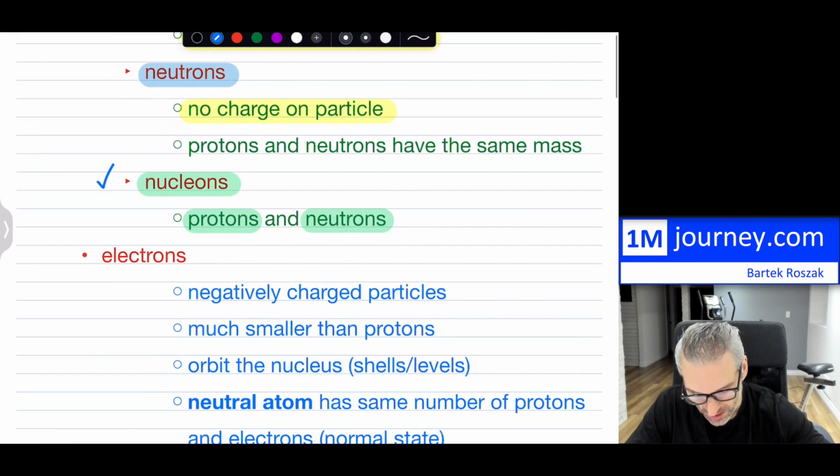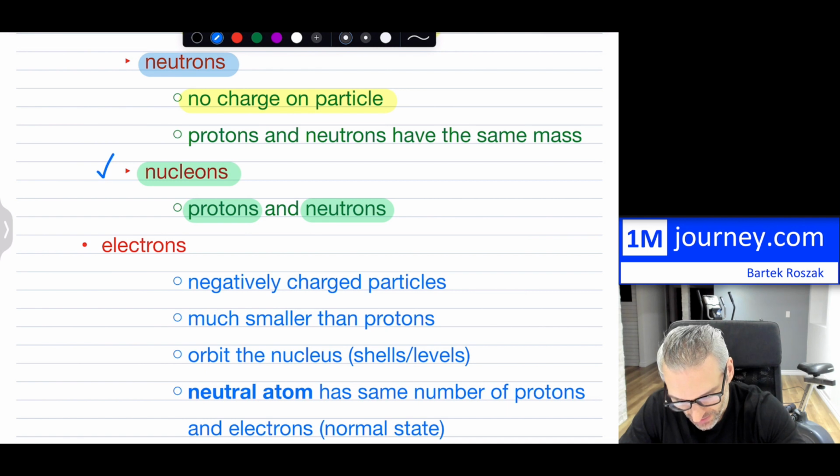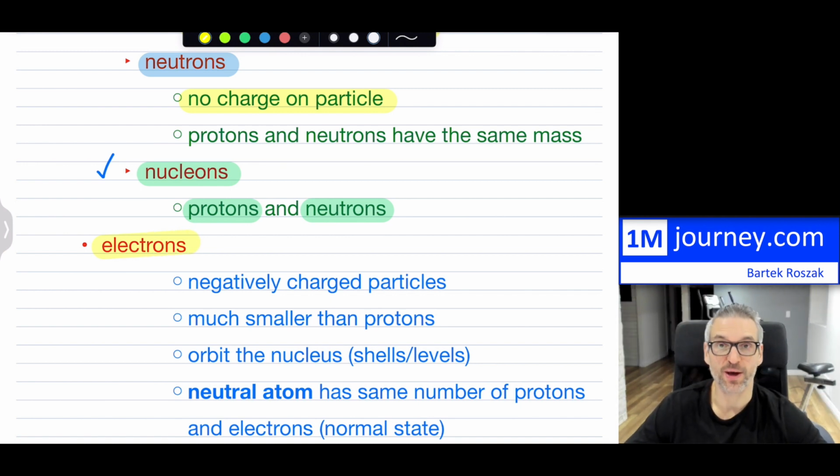Now, if you dive into electrons, what is interesting here is that the electrons are the component which is flying around the nucleus. Now, there are many models within here, but you can imagine, like the sun, which is the center, at least for us, the Earth flies around it. Well, the electrons are kind of doing the same thing.